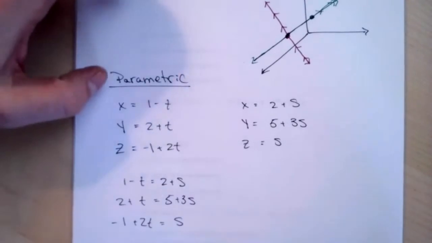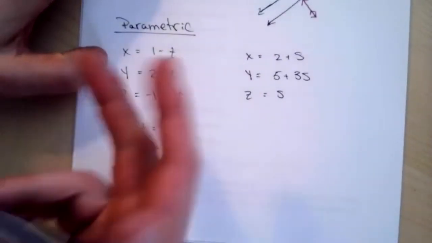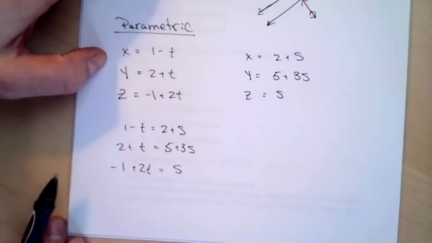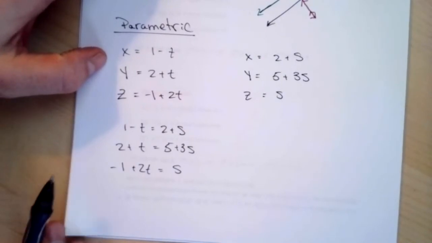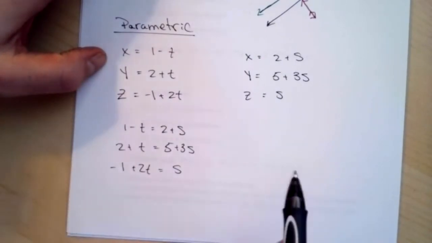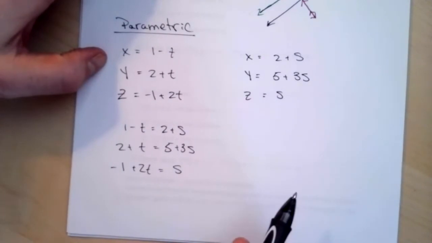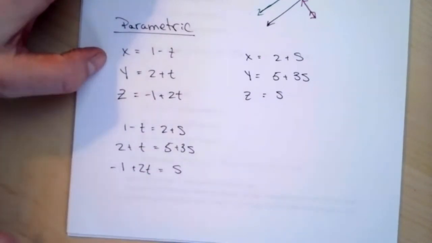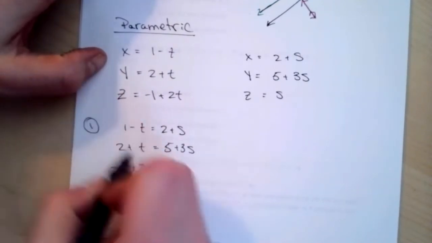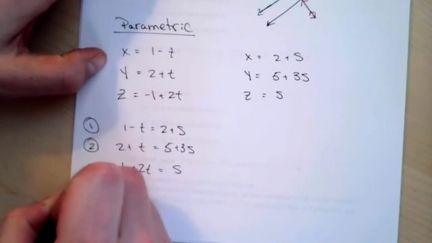So we've got a system of 3 equations. We only have 2 unknowns now, our t and s. So we check to see if this is solvable. If it is solvable, we will find the common point of intersection. If it's not solvable, it means they're skew. Let's go ahead and label our equations: equation 1, equation 2, and equation 3.